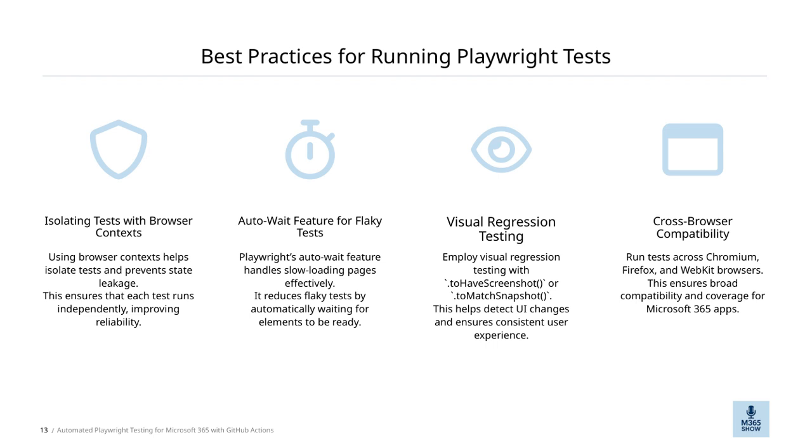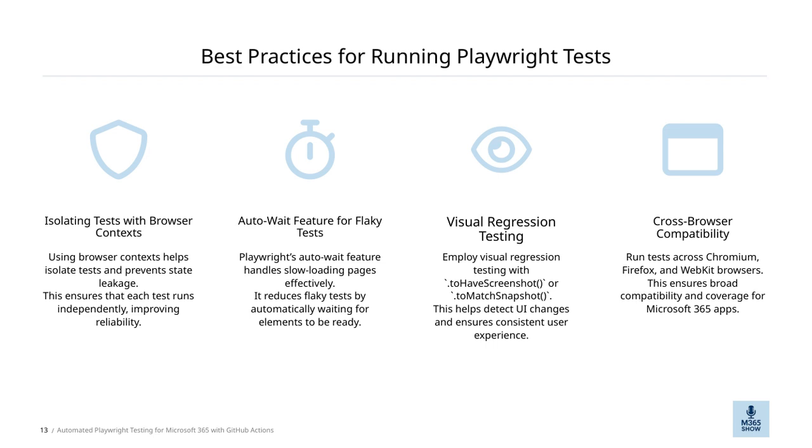Another important point is the auto-wait feature in Playwright. This feature handles slow-loading pages gracefully by automatically waiting for elements to be ready. It significantly reduces flaky tests, which can be frustrating and time-consuming to troubleshoot. Finally, isolating tests with browser contexts is a best practice. By creating separate contexts for each test, we prevent state leakage between tests.